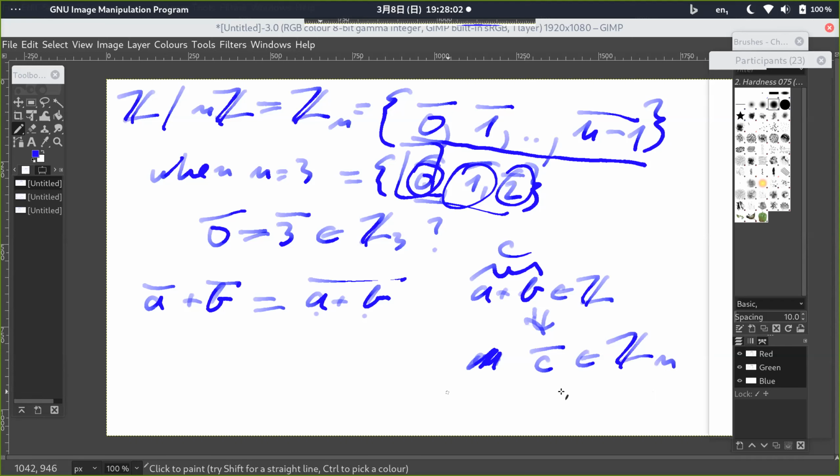I'm not sure if this is clear, why and how. You just have to say that, yeah, because this was the definition here. And we know that under this line, we will get an integer, then again a residue class. I see, yeah, makes sense to me. Okay, so that's closure.